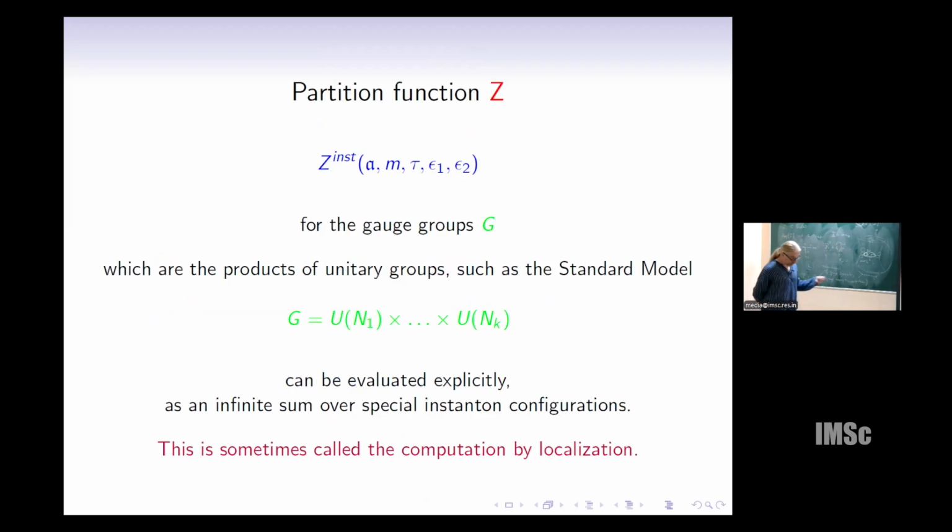But the most interesting part was that after this deformation, you retained not only perturbative but also non-trivial, non-perturbative effects in gauge theory, and these were instantons. And so this particular function could be computed exactly and completely for a class of gauge groups which are the products of unitary groups.